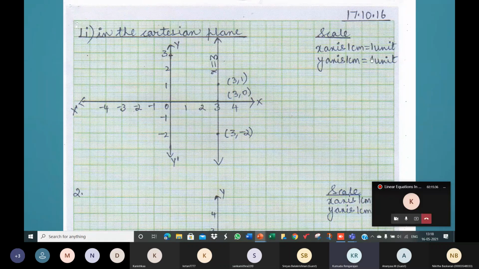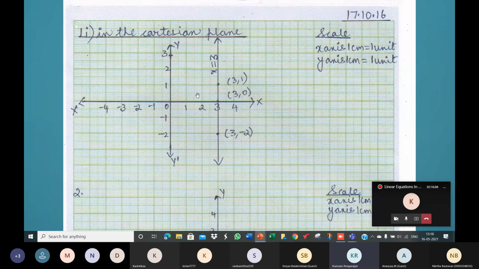Then you know the scale, right? On the x-axis, 1 centimeter is 1 unit, because we've marked 1 here. This is a centimeter graph, so this is 1 centimeter always. If you say 5, 10, 15, then you must say 1 centimeter is equal to 5 units. This is not going to change.